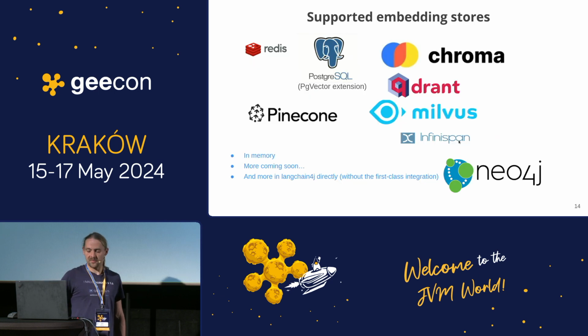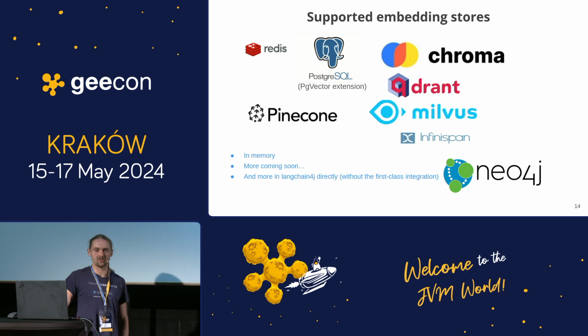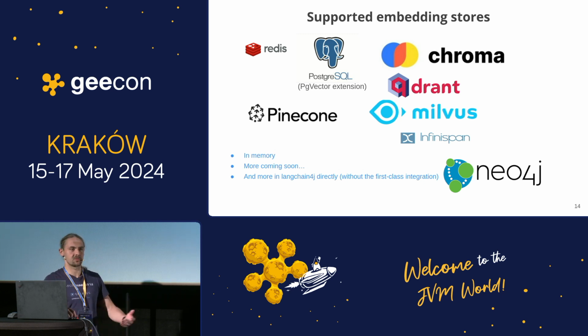So, about the embedding stores, we support a lot of different embedding stores. You can use all different kinds of databases. We have Redis, we have PostgreSQL if you install the PG vector extension for storing vectors, there's Pinecone, which is a pretty popular option nowadays, Qdrant, Infinispan, Neo4j, the graph database.